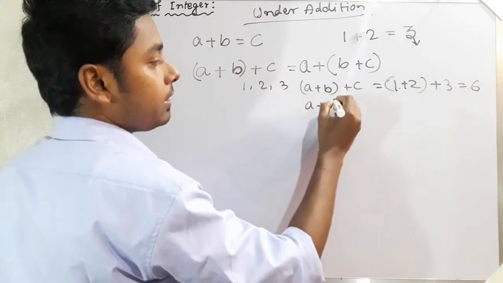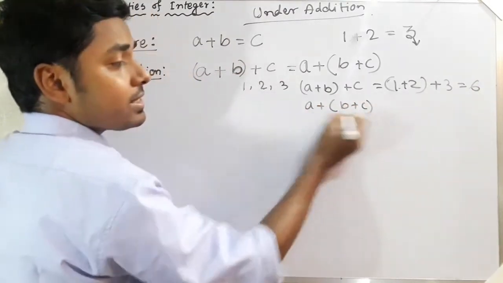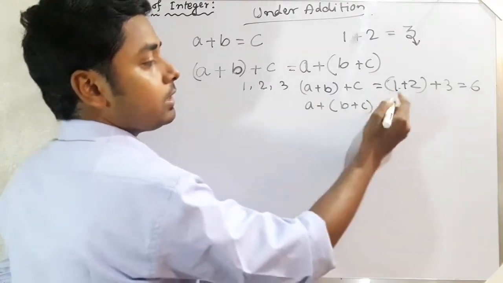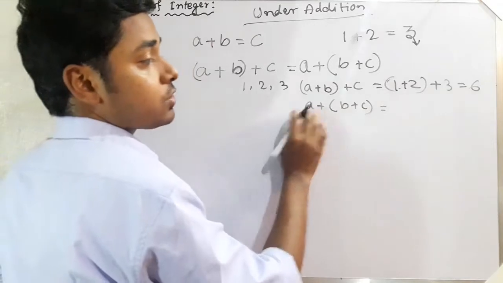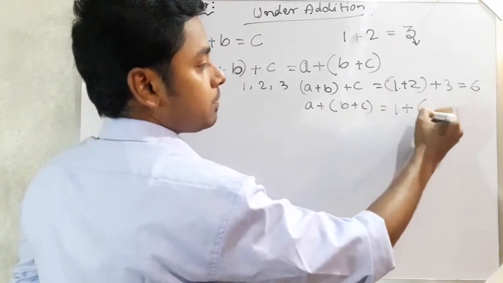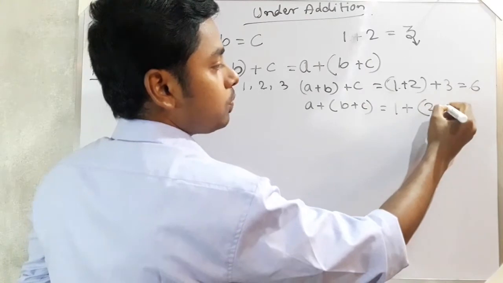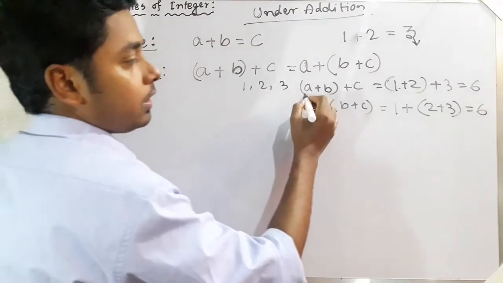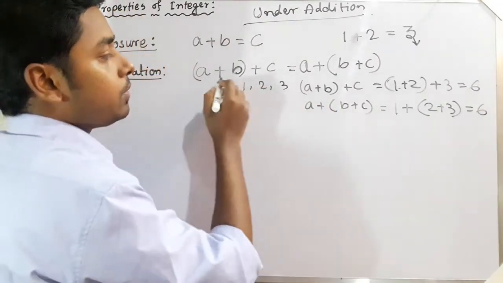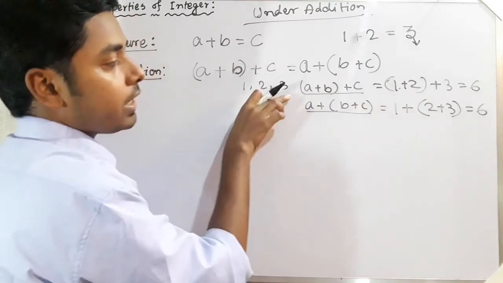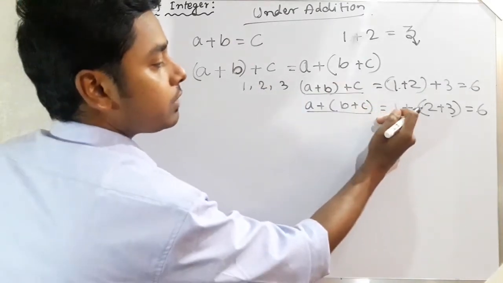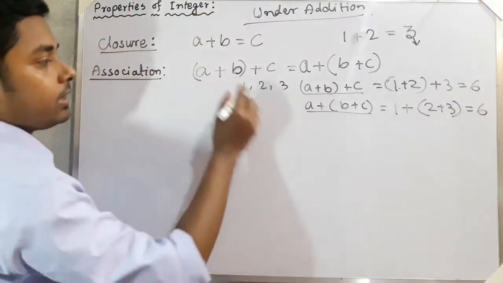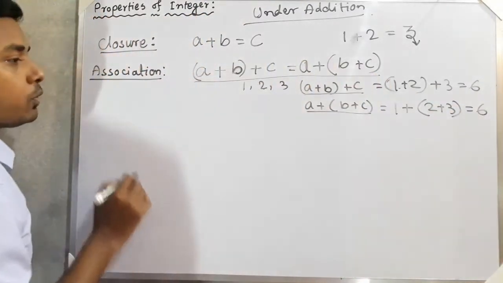Now if we add in the other order, that means the last two integers first, and then the first one. B plus C, that means 2 plus 3 is 5, then 5 plus 1 is also 6. That means if we add three integers in any order, adding from the first side or from the last side, we will get the same answer. This is the structure of the associative property.